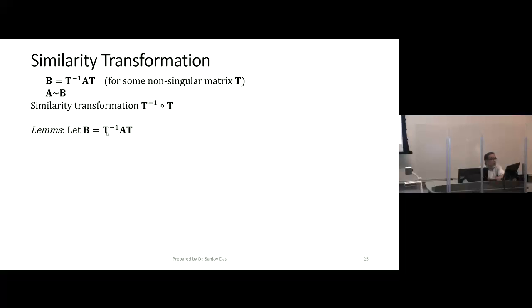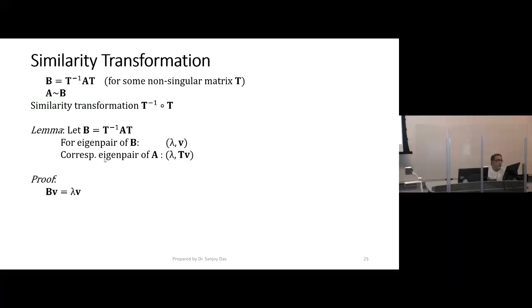Let B equal T inverse A T, and let's consider an eigenpair lambda, V of B. Then the corresponding eigenpair of A will be lambda, T V. So lambda does not change due to similarity transformations. Only the eigenvectors change.